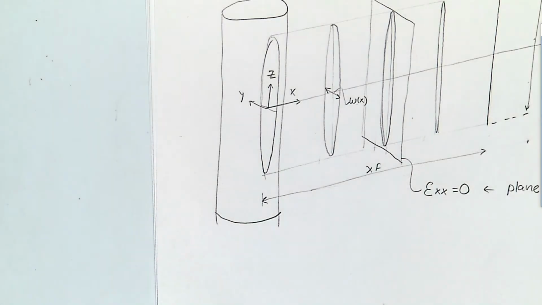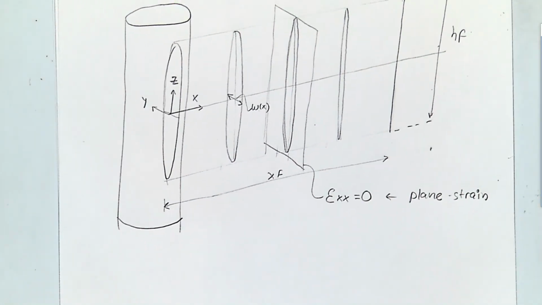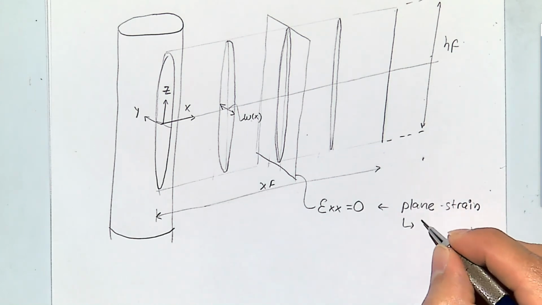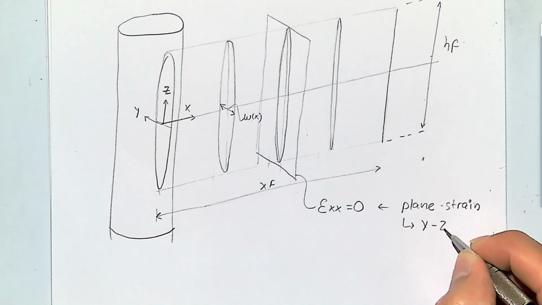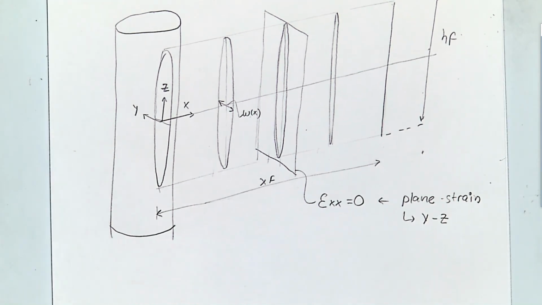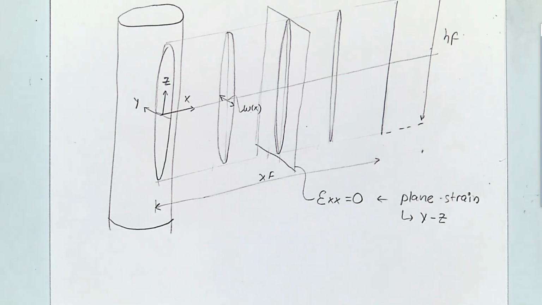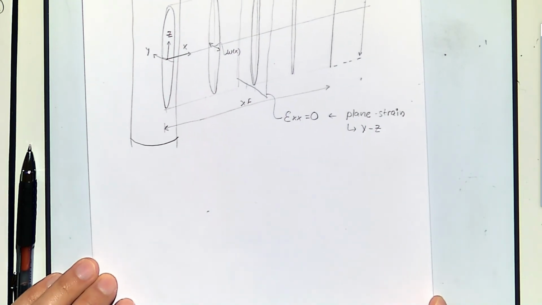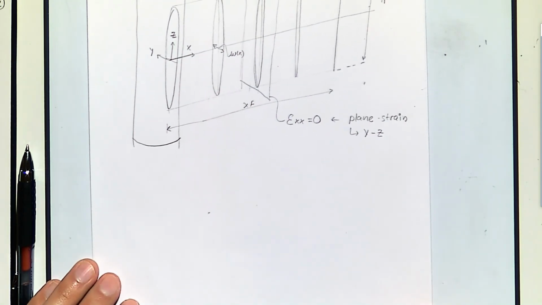Okay, so in this PKN model, then the plane strain is in the plane YZ in this example. All right, let's see what we do with this. Probably we won't have time to go through everything, but let's see how far we go.